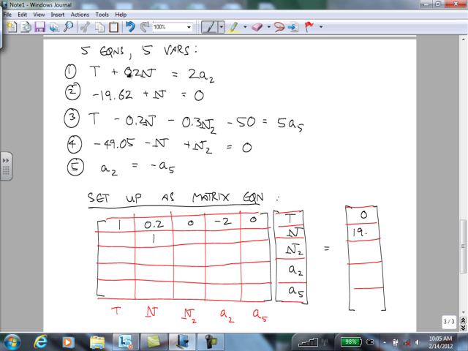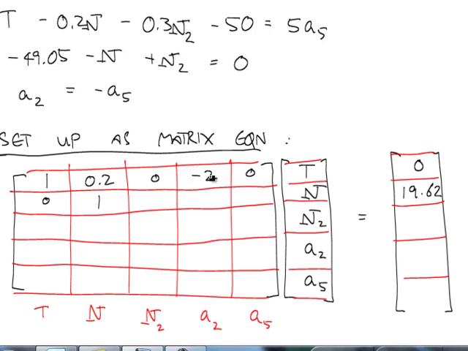The second equation, we have 1 times n is equal to 19.62. Everything else is zeros. The third equation says 1 times t minus 0.2 times n minus 0.3 times n2 minus 5 times a5, and then positive 50 on the right side.